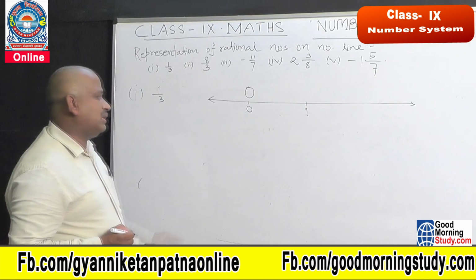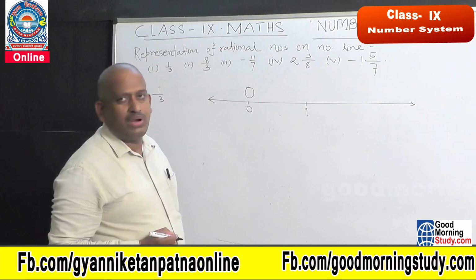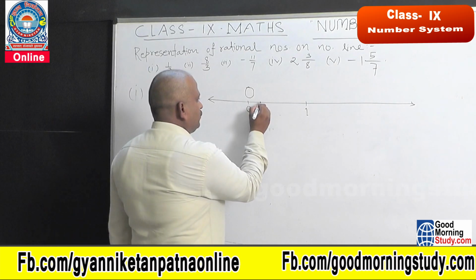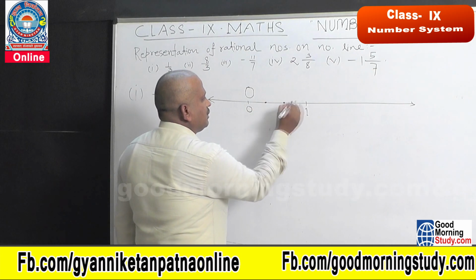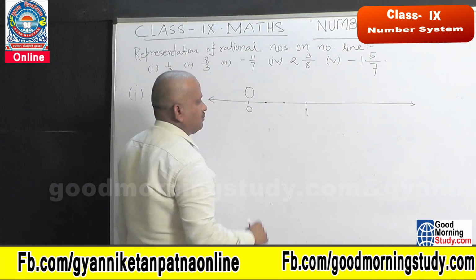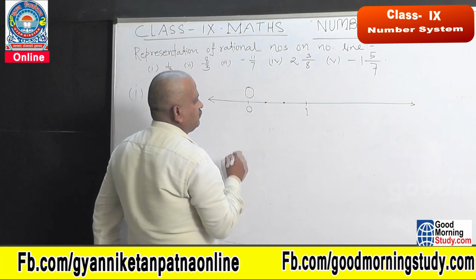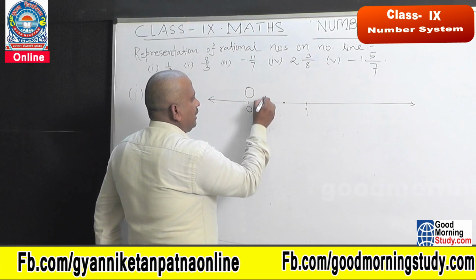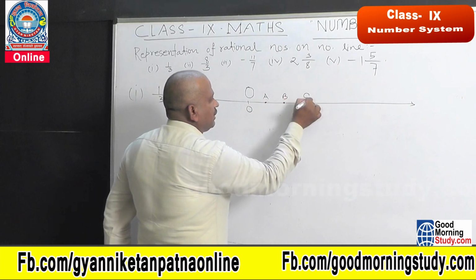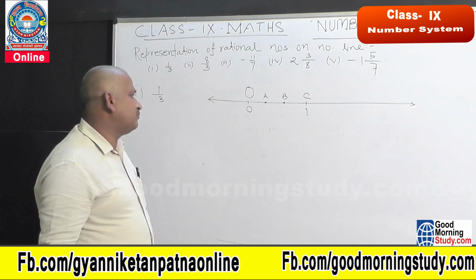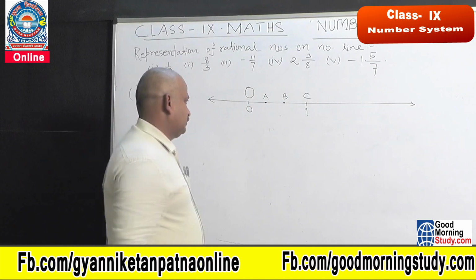See here children, suppose this is 1 unit, and since denominator is 3, so we will divide this 1 unit in 3 equal divisions. So suppose this is first division, this is second division, and this is third division children. And now I am calling these divisions by A, B and C. These are equal divisions.